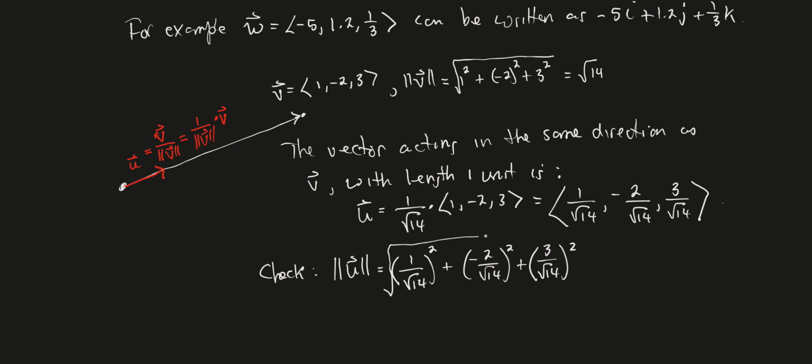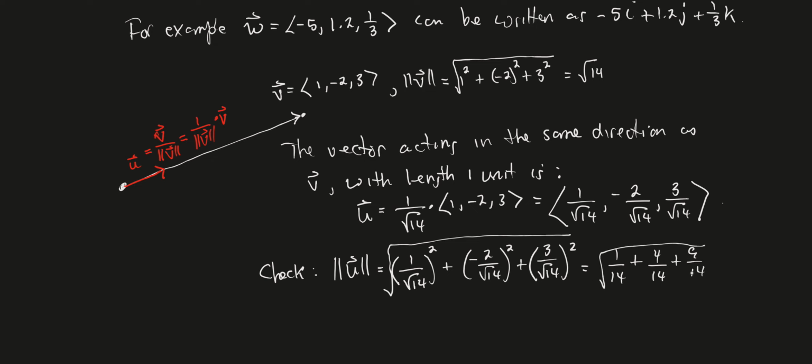And you take your square root of that. So what do we end up with? 1 over root 14 squared is 1 over 14, plus negative 2 over root 14 squared is 4 over 14, plus 3 over root 14 squared, that's 9 over 14.